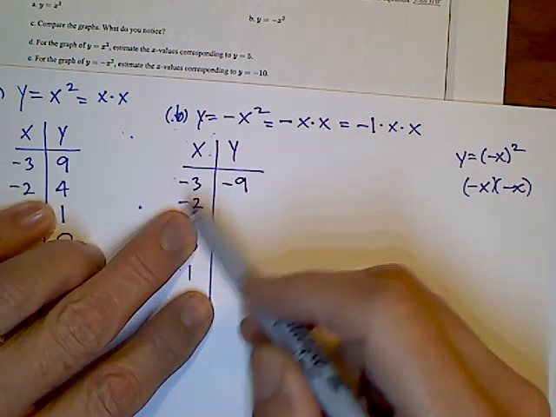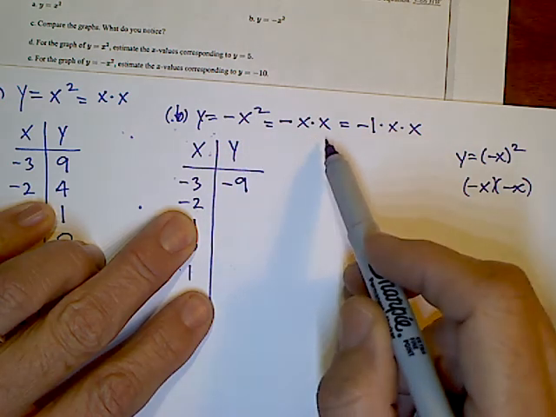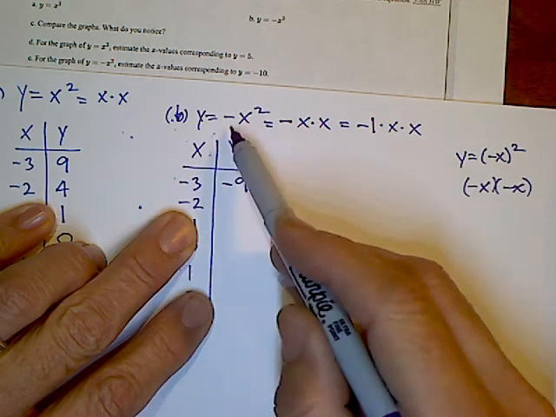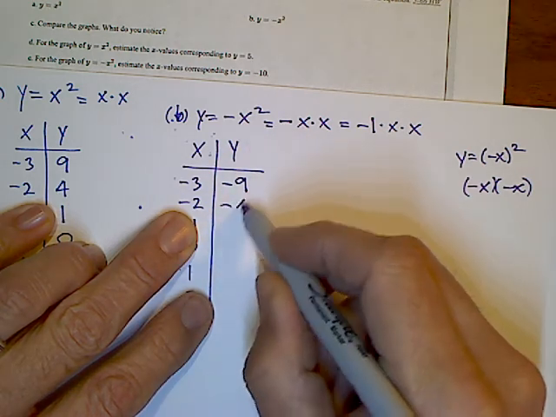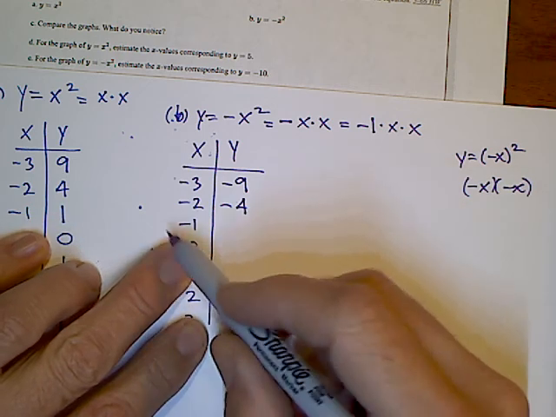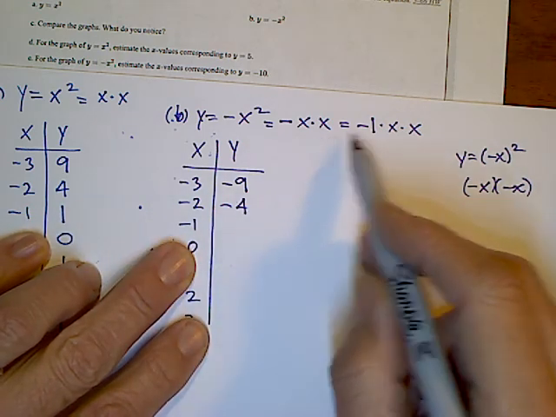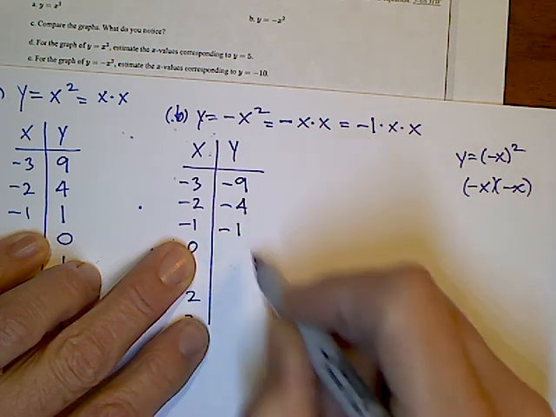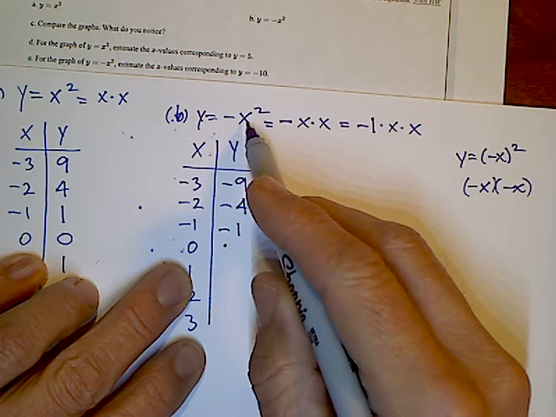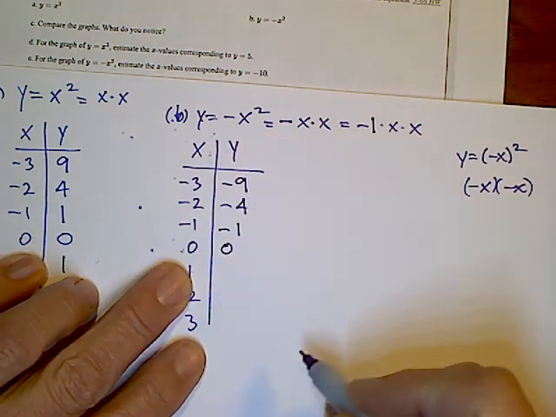So notice when I put a -2 into the x squared, it's still -2 times -2, which, like we did over here, was 4, but it's got that negative in front of it, so it's the opposite, or we can say multiply by another -1. So again, -1, we put that in. So really we have a -1 times a -1 times a -1, which gives us back a -1. So notice the pattern here, and then a 0. 0 times 0 is 0, but there's no such thing as -0, so it stays as just 0.